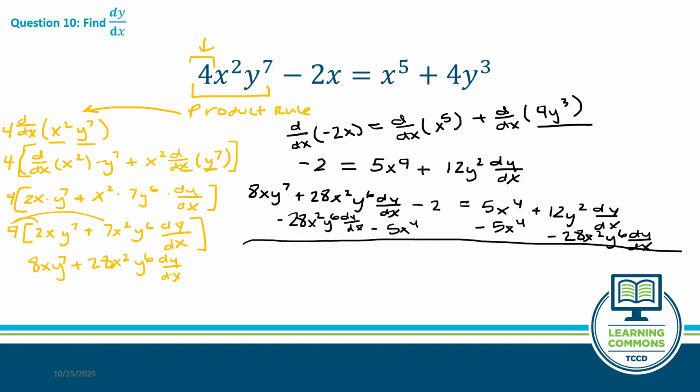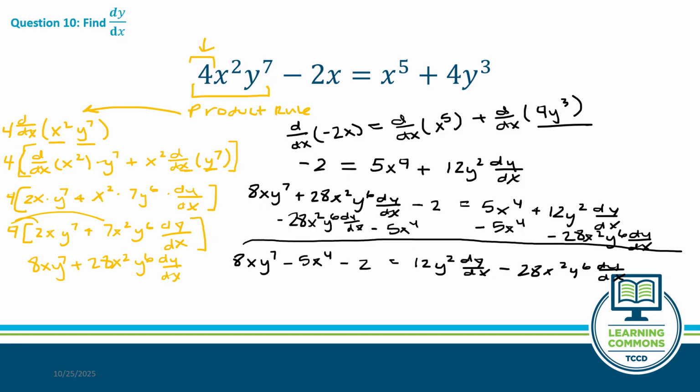Okay, so on one side of my equation, I have 8xy to the 7th minus 5x to the 4th minus 2 equals 12y squared dy dx minus 28x squared y to the 6th dy dx. Okay. That should be plus.